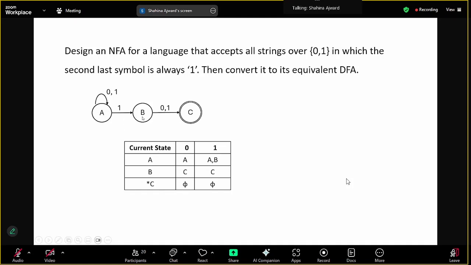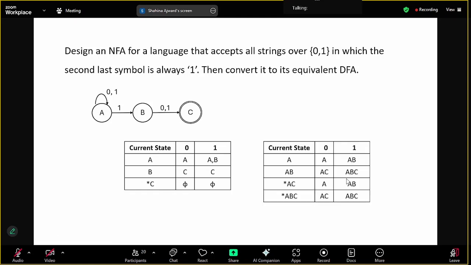For B, when it receives 0, it goes to C. When it receives 1, again it goes to C, right? For C, we haven't mentioned any states, right? Okay.